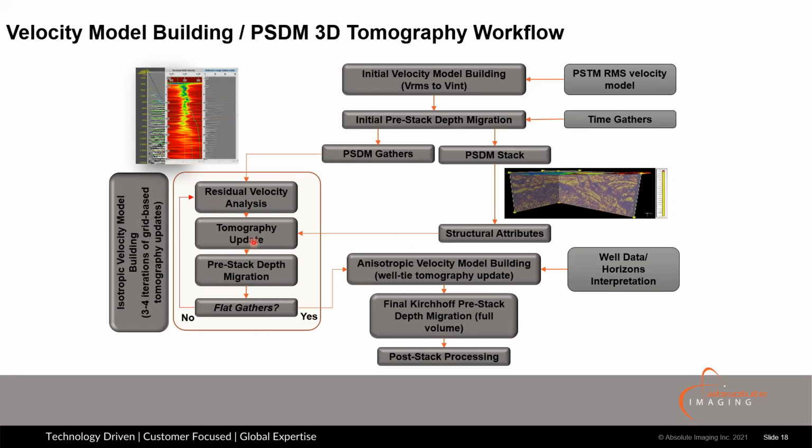We create a new velocity update, and then we run migration, and create new PSDM gathers and stack, and we look at the gathers, and then we can judge if they're flat or not. If they're not, then we can reloop the process a couple of times until we have flat gathers.